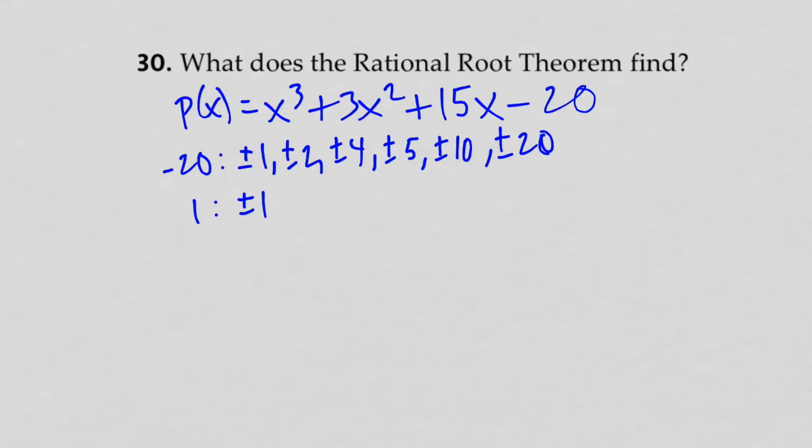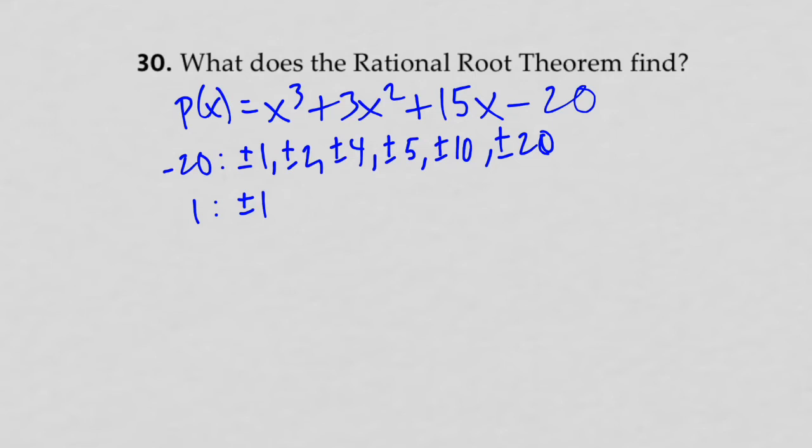And then what the rational root theorem tells me is that if there is a rational root to this polynomial, it's got to be one of these. Otherwise, it doesn't exist. Otherwise, all of the roots are either imaginary or irrational, right? So if there is one that is rational, it must be one of these.